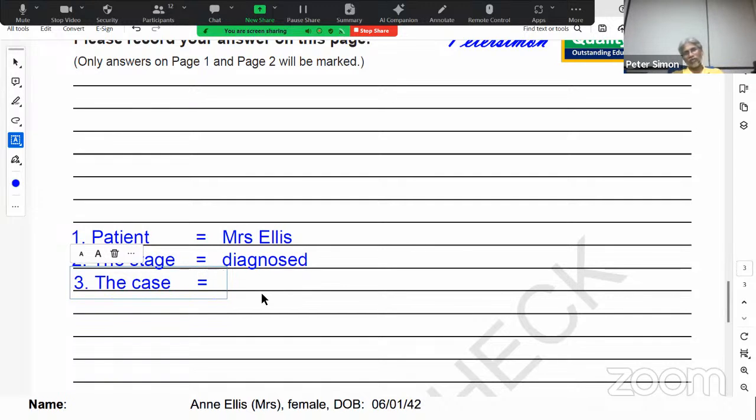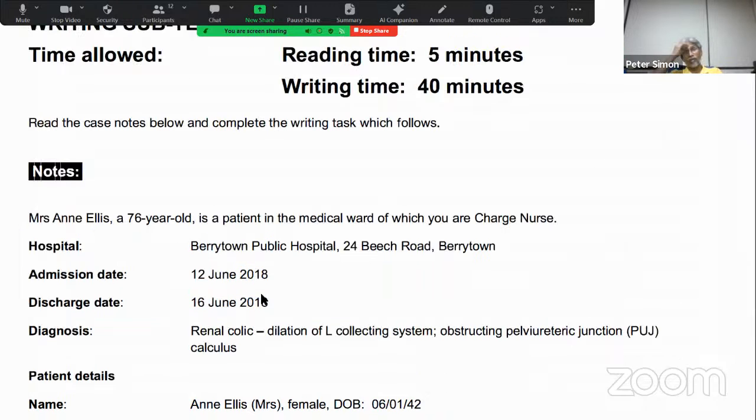The case is bilateral multiple renal calculi.